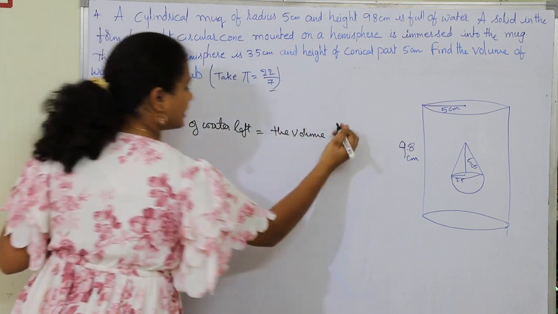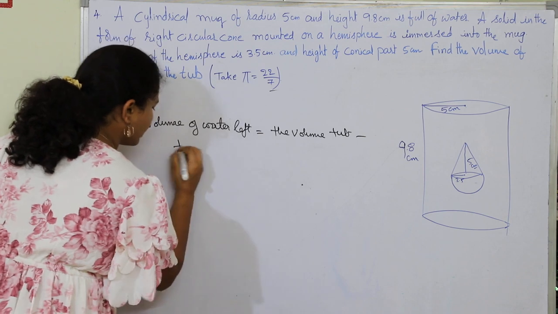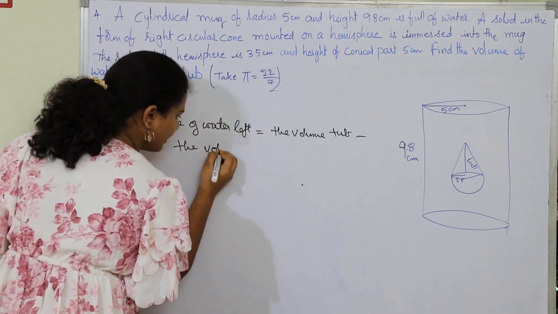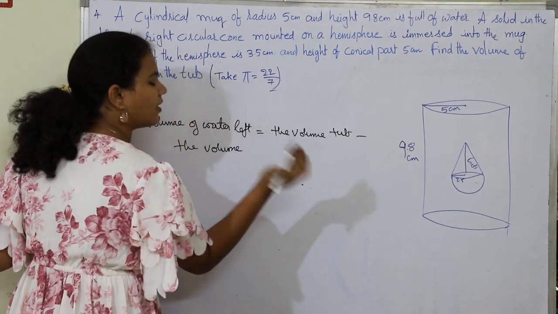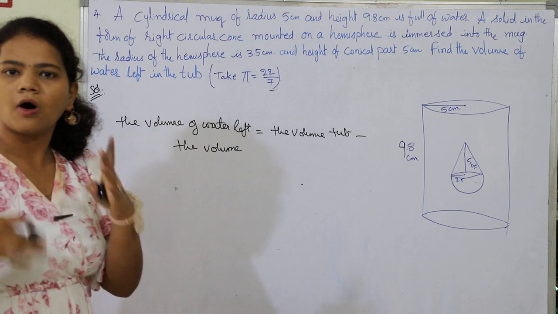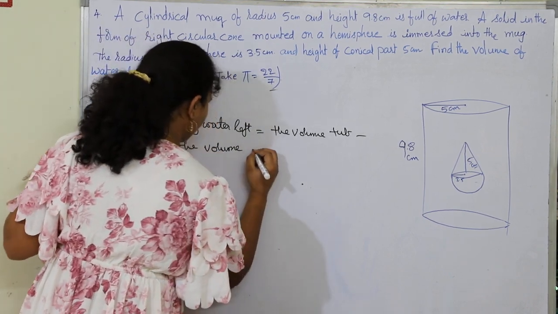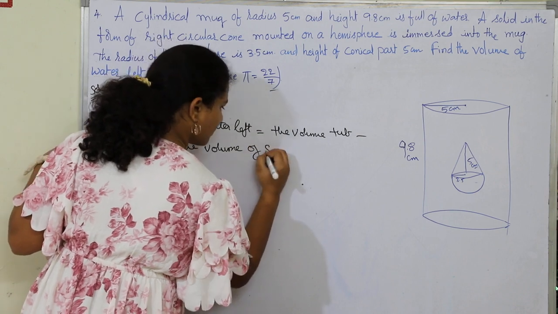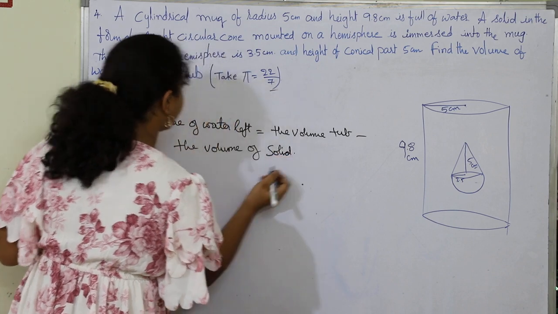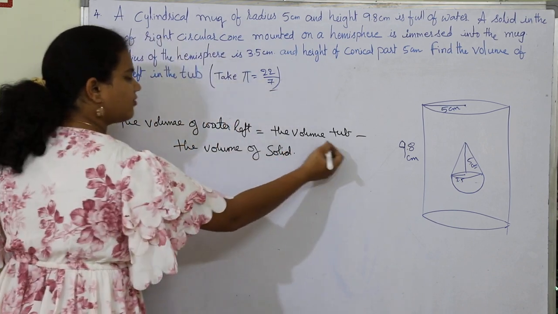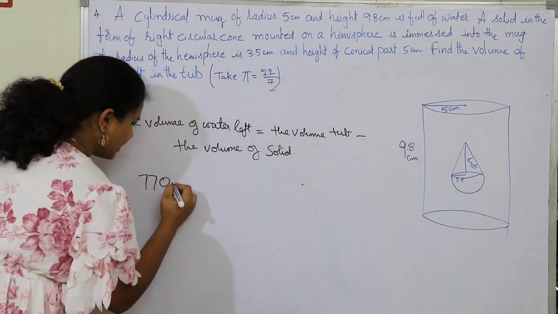So the volume of water in the tub, I can take as the volume of tub, minus the volume of solid, because here I am considering the volume of solid as the volume of overflowed water. Where the volume of tub we got is 770 centimeter cube.